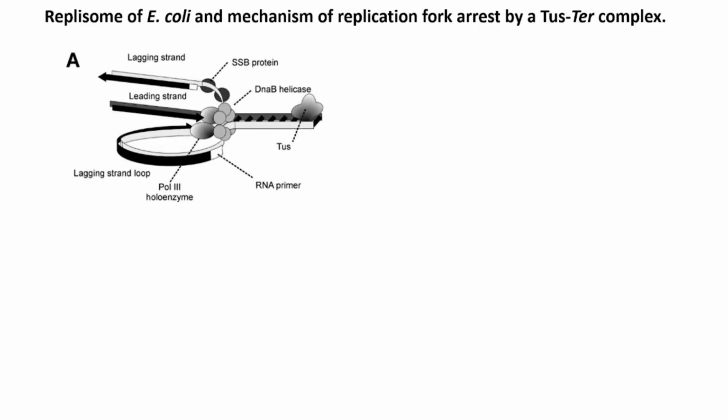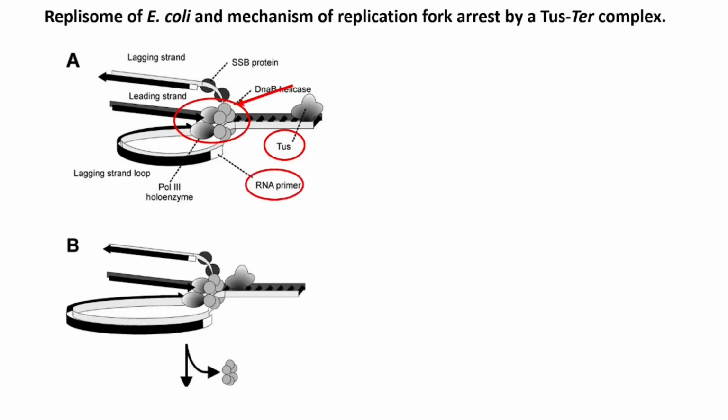Let us discuss the replisome of E. coli and the mechanism of replication fork arrest by the TUS-TER complex. The replisome moves along the DNA template and approaches the TUS, and the DnaB helicase assists the primase to lay down the last lagging strand primer. Next, DnaB helicase action is blocked by TUS and DnaB helicase dissociates from the template.